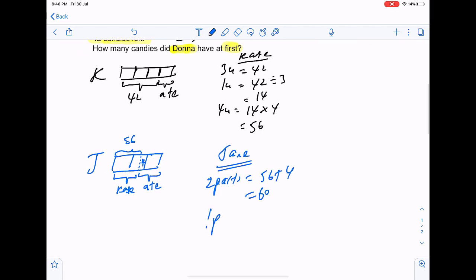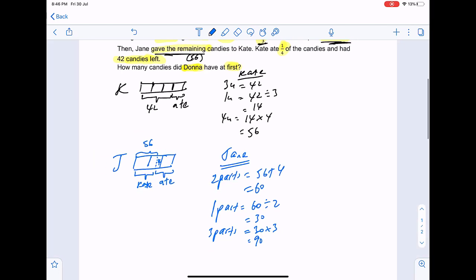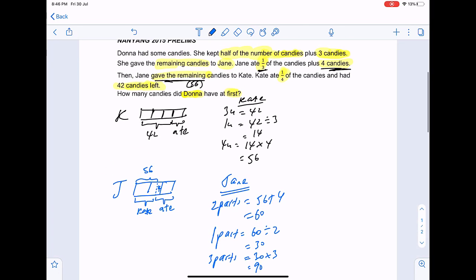So we find 1 part. And for Jane, she had 3 parts. 30 times 3, 90 candies for Jane. Now, where did Jane's candies come from? It came from Donna.